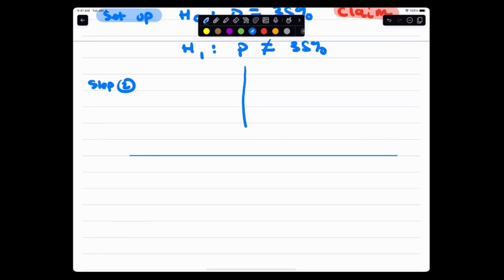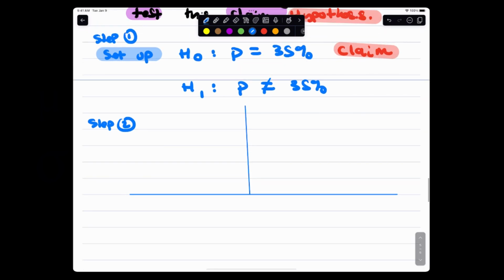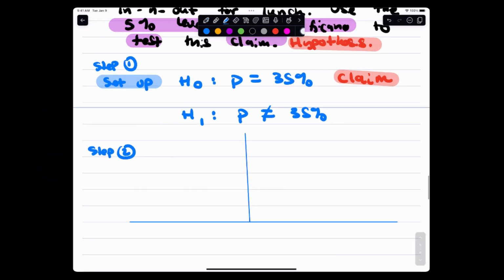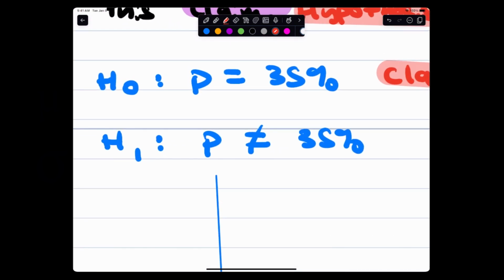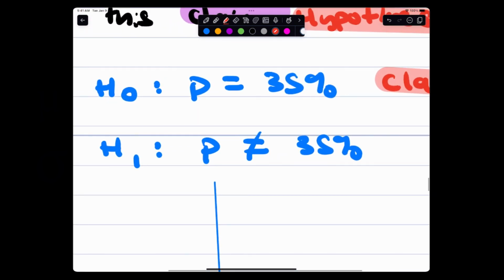And I'm going to go back and remind you guys something here. These 2 hypotheses must be logical opposites. So the opposite of equal is what? Not equal. You guys okay with that? Either it's the same as or it is not the same as. So those are logically opposite statements.